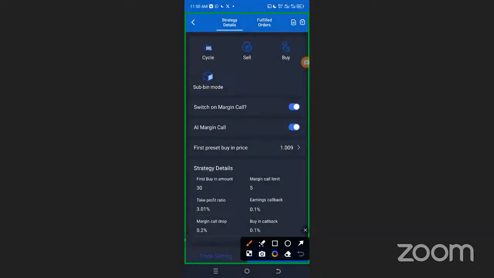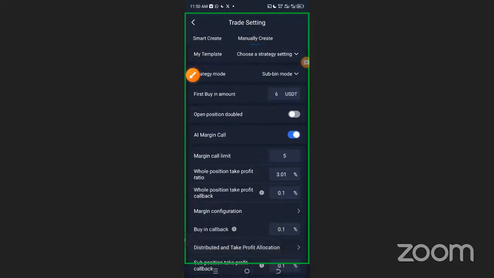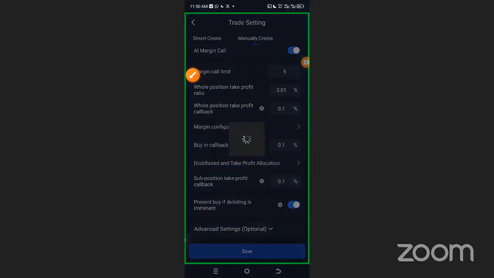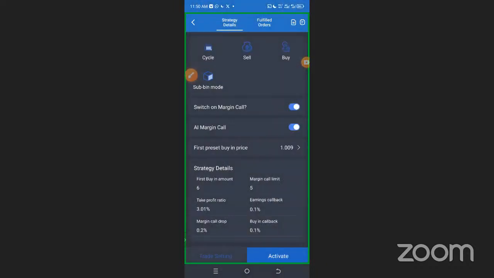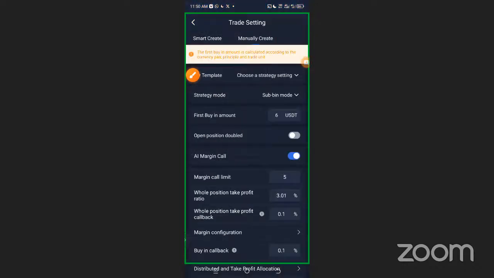Then come back to trade setting. Change from $30 to $60. Again, you click on save. Why are you changing from 30 to $60?